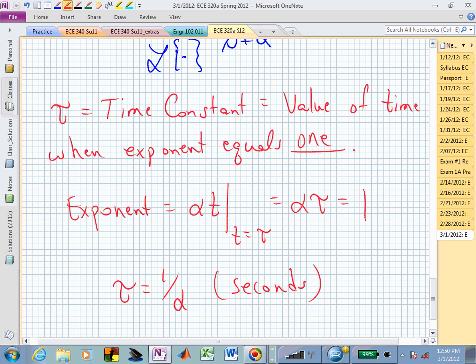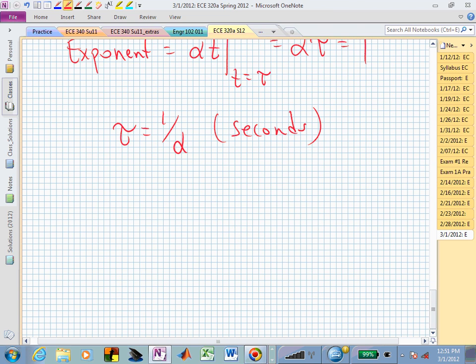Tau in seconds, 1 over alpha. If we go back to our earlier example, we had those two exponential decays in our expression.